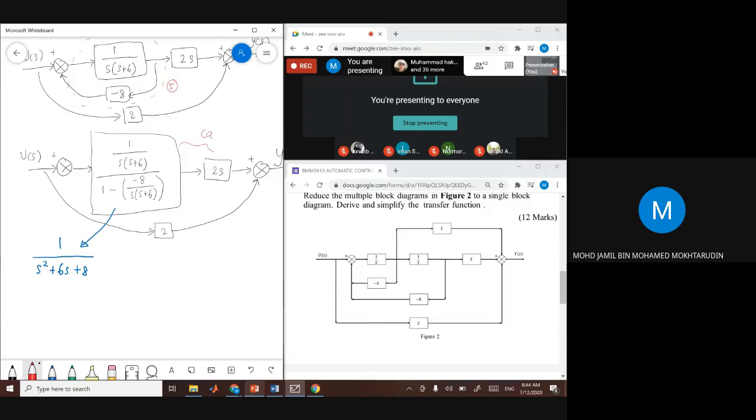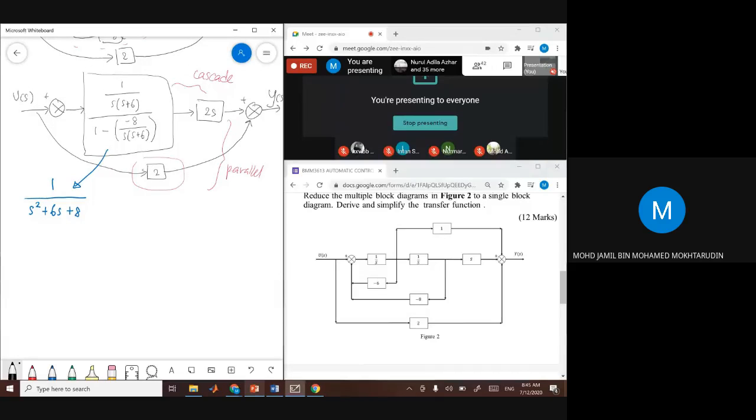And since the box 2 here goes to the same summing junction with the cascade box on top, both of them are parallel. Okay, so we can simplify this straight away.